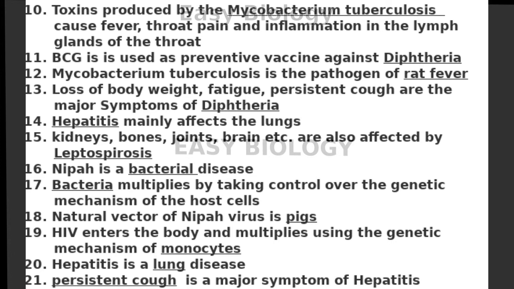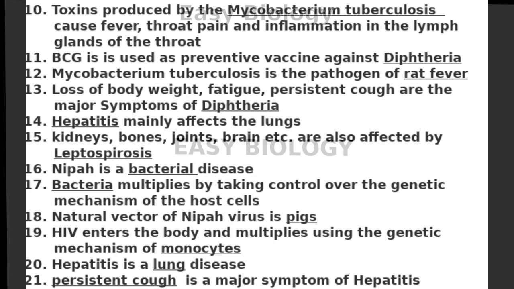HIV enters the body and multiplies using the genetic mechanism of lymphocytes. Question number 20. Hepatitis is a lung disease. Here the underlined portion is lung. It is wrong. Hepatitis is a liver disease.